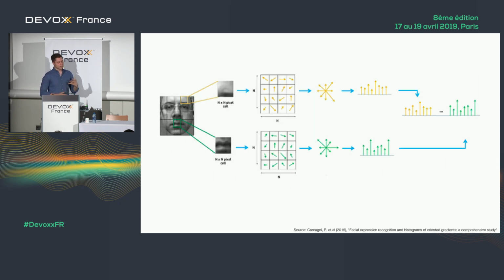So in a more illustrated way, we have, let's say, the picture of a face. Then we can crop it in several different cells. And for each of those cells, we're going to look at the gradients there and see how common they are. And then for each of those gradients, and usually people are working with 16 directions of gradients, we can create a vector that represents how common those are.